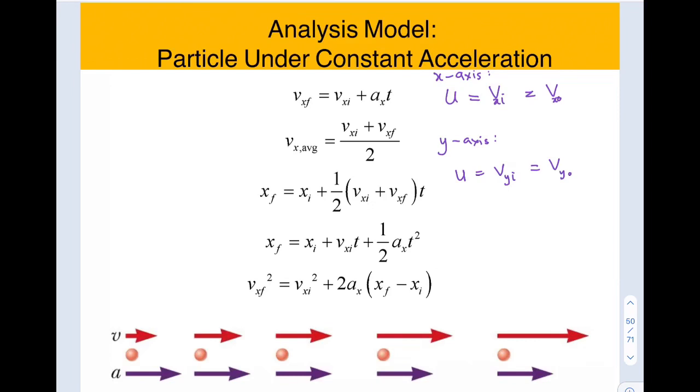For final velocity, in primary school you use symbol V. Now onwards, it's going to be V final in terms of the x-axis, or V only as well.